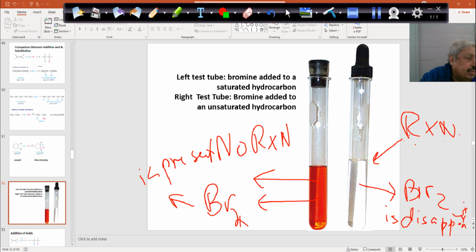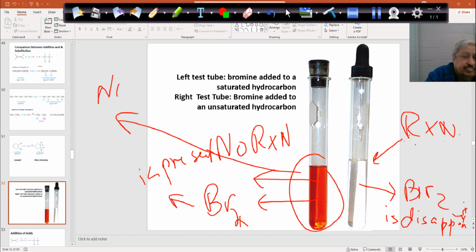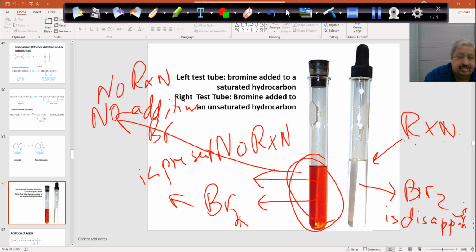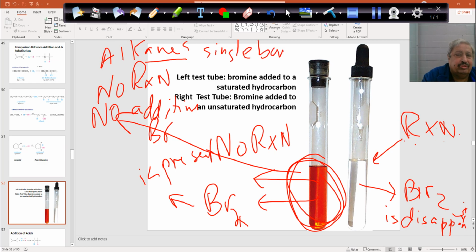So what's happened? Which is which? It turns out the alkanes, they don't add. No addition, correct? So here, no reaction means no addition. So is this following? Of bromine, in this case. So this one here has to be what? Alkanes. Single bond. Single bond, you don't add to them.